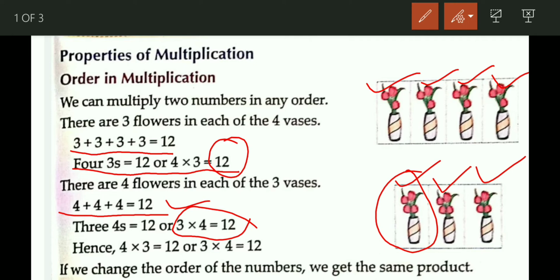That means however way we write the numbers, whether it's 3 into 4 or 4 into 3, we will get the same product. The product means the answer. Okay, whether it is 4 into 3 or 3 into 4, the answer remains the same. That is 12. All right.